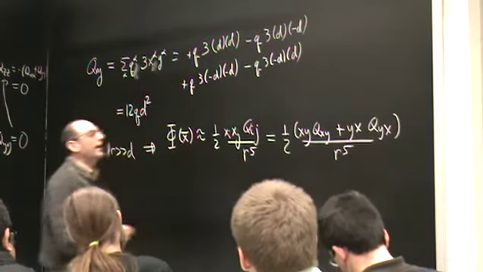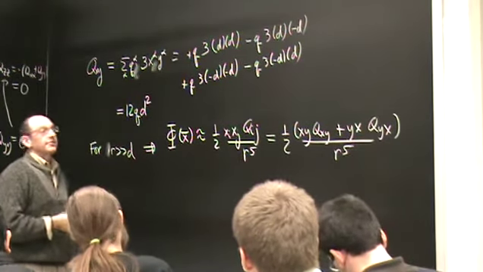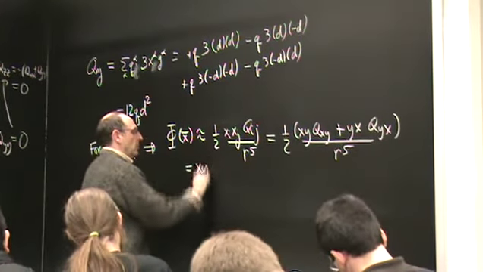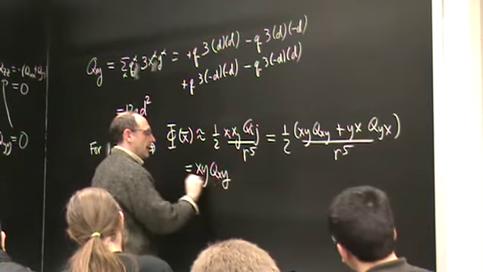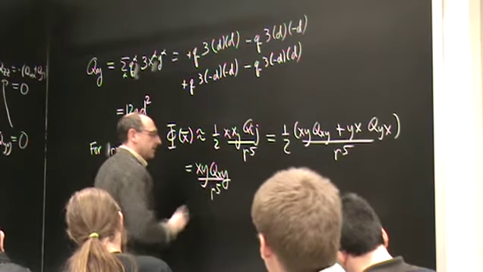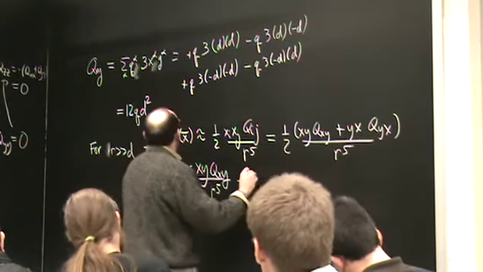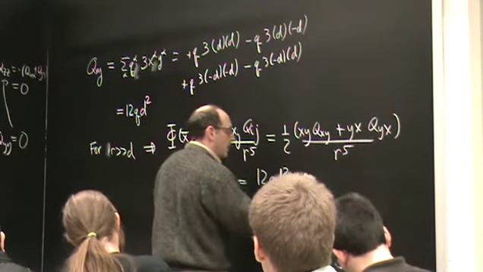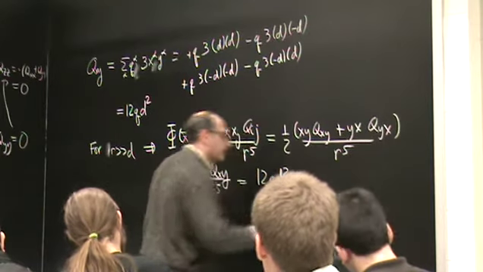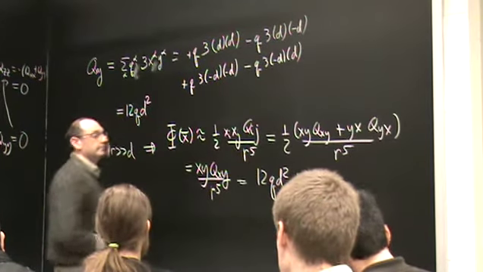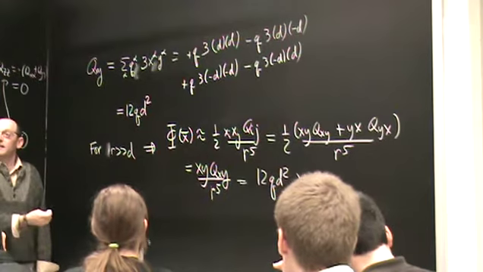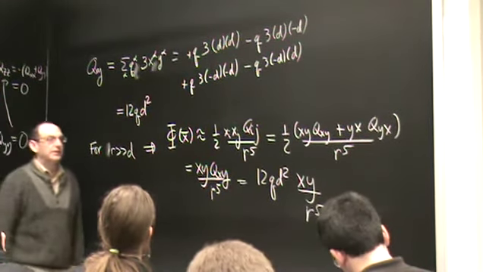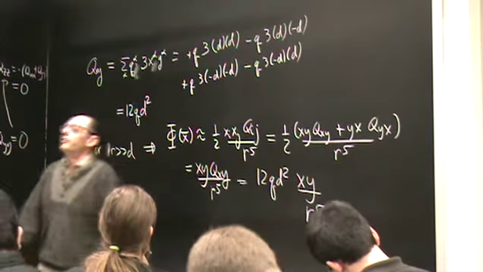But qxy equals qyx because it's symmetric, and thus this is equal to xy qxy over r to the fifth, or 1/2 qd squared xy over r to the fifth, which is what we got when we did the expansion of the exact potential.